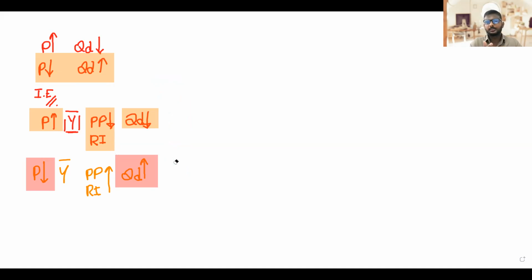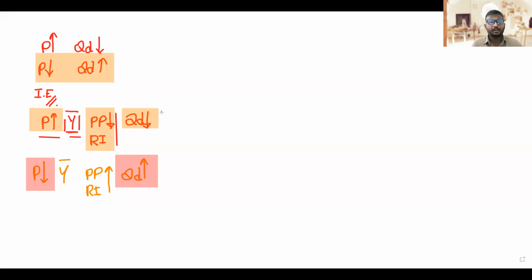So now you have to describe it. Your description has to be simply what I have shown here. When the price of a product goes up while the nominal income is constant, the purchasing power of consumers will drop. The real income of consumers will drop.